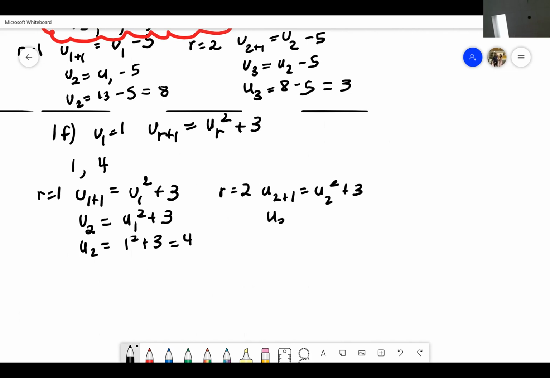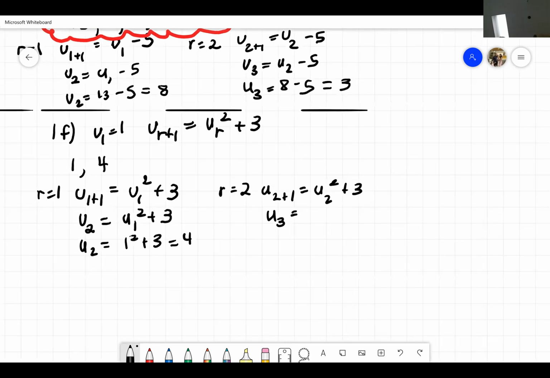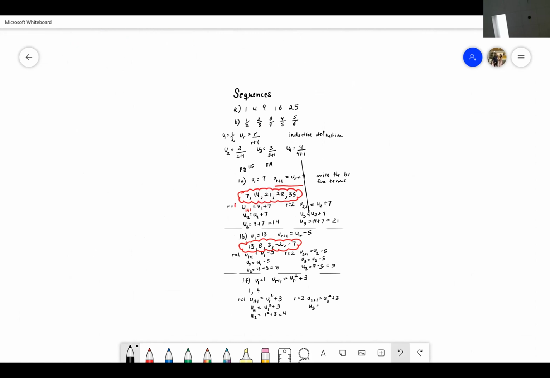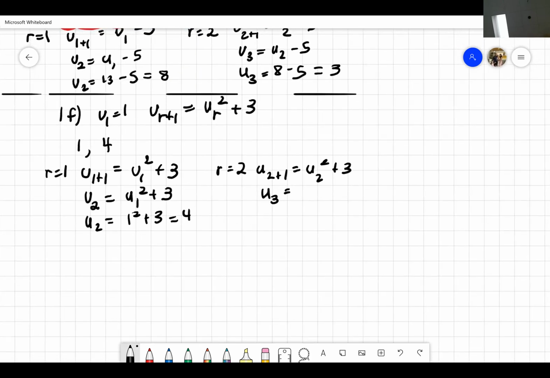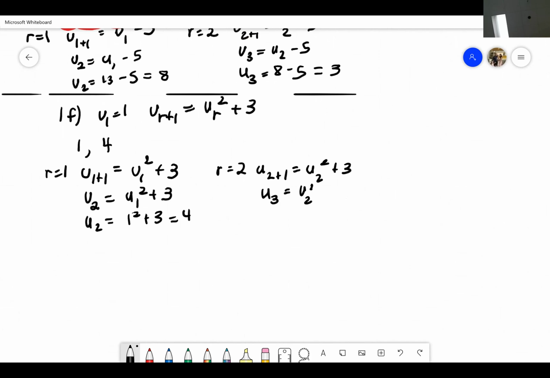So that's u of 3, which equals 4 squared plus 3. That's going to equal 16 plus 3, which equals 19.